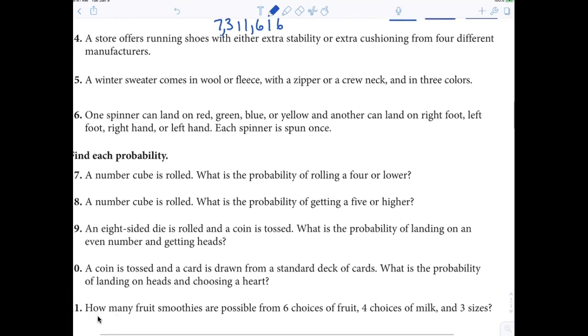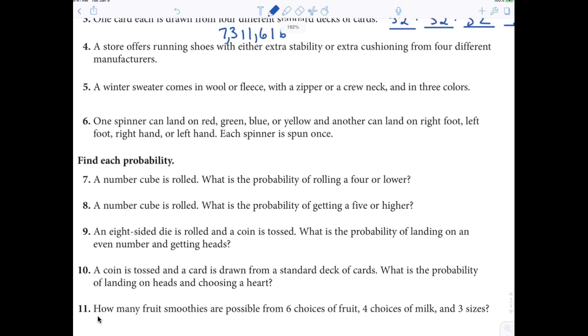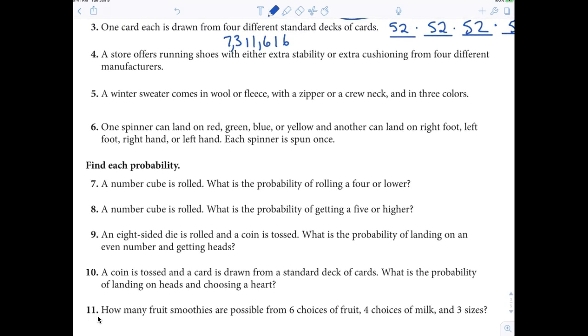All right, so here we go. Number 4. Why don't you read that one? A store offers running shoes with either extra stability or extra cushioning. So the question is, how many different possible ways? All right, how many choices are we making here?